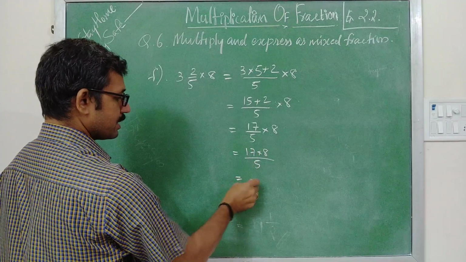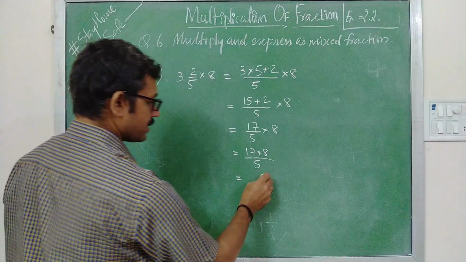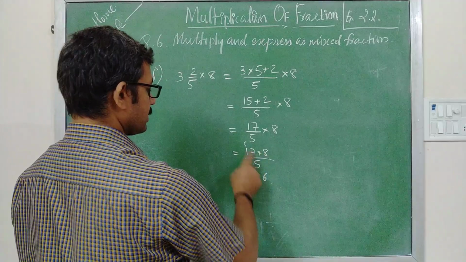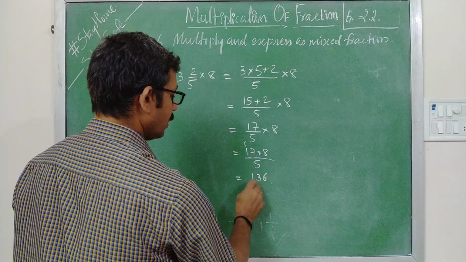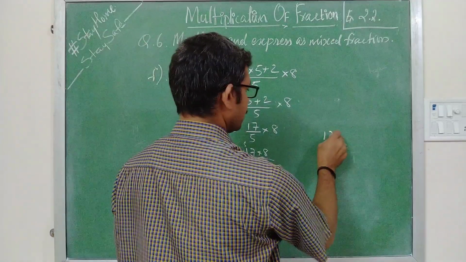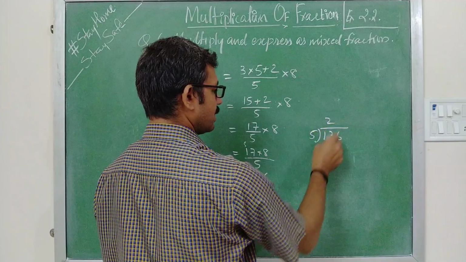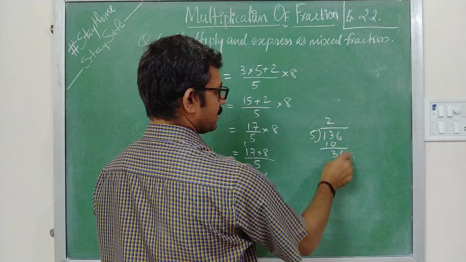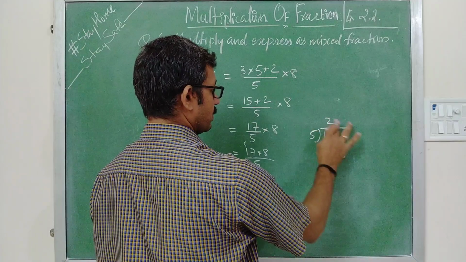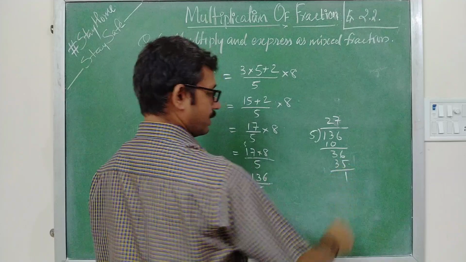Now 7 eights are 56, 1 eight is 8, that makes 136 upon 5. Now what we have to do is 136 divided by 5. 5 twos are 10, 3, 36, 5 sevens are 35.